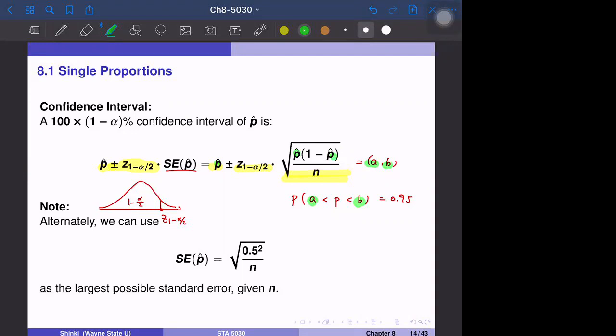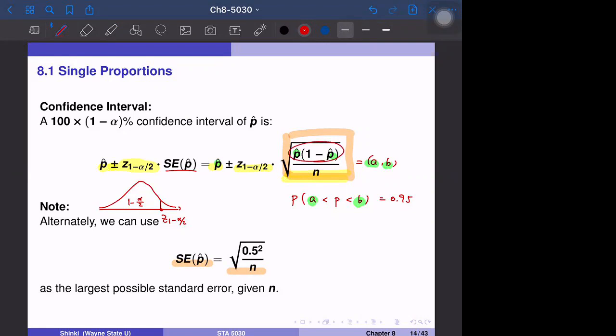Sometimes, instead of this standard error, we use the standard error of p hat as the square root of 0.5 squared over n, because this is the largest possible value of the standard error of p hat. Think about the quantity p times 1 minus p.